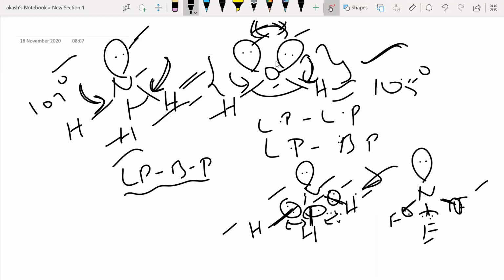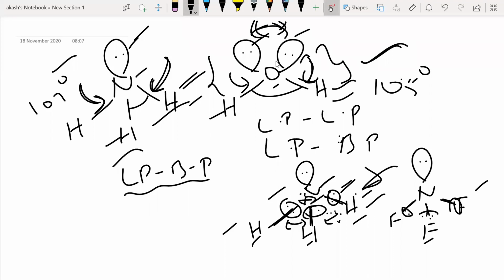Again, I repeat. In case of NH3, since nitrogen is more electronegative, these three bond pairs are going to be more towards your nitrogen. So this is how I can represent it. Because of this movement of electrons, the distance between your bond pairs decreases, and whenever the distance decreases, the repulsion increases.